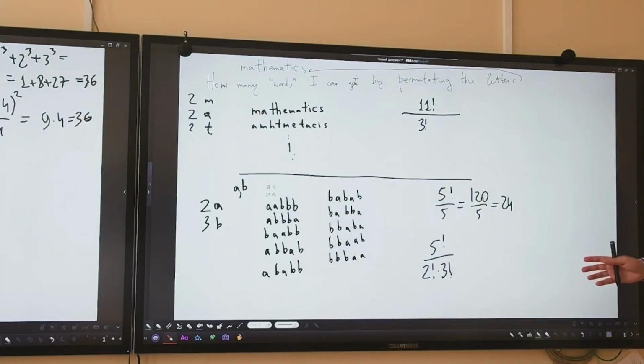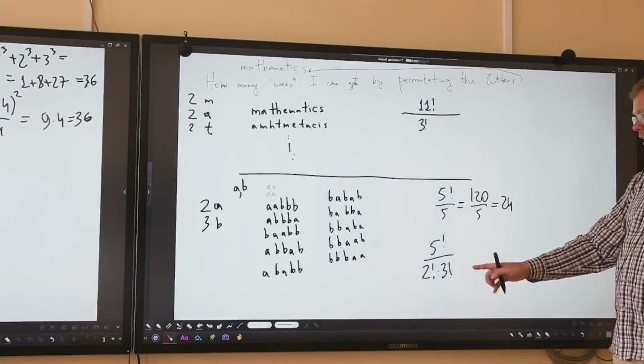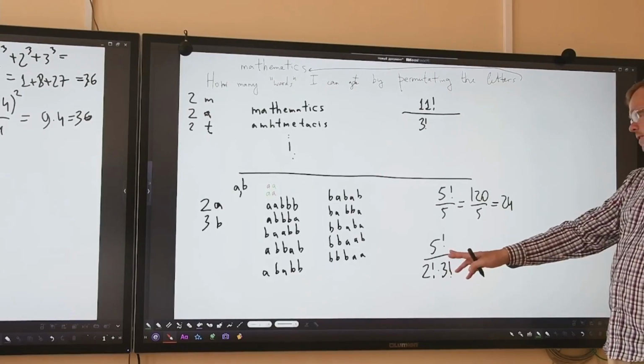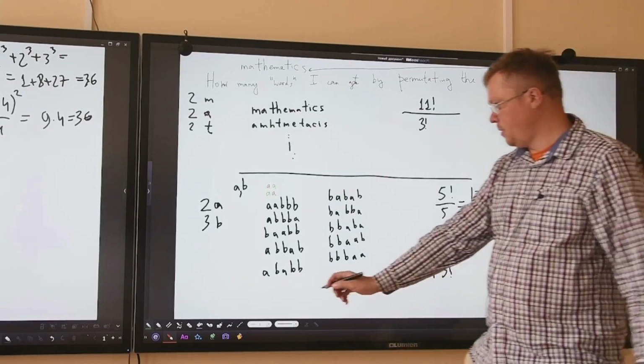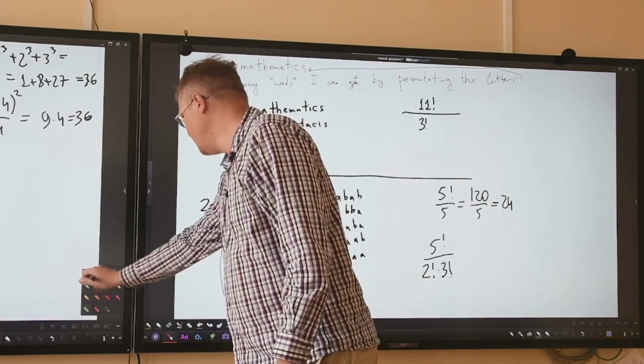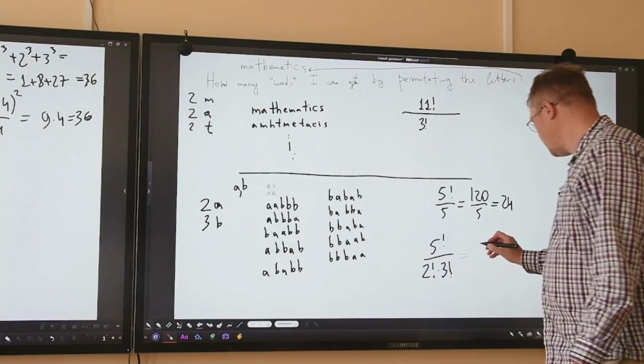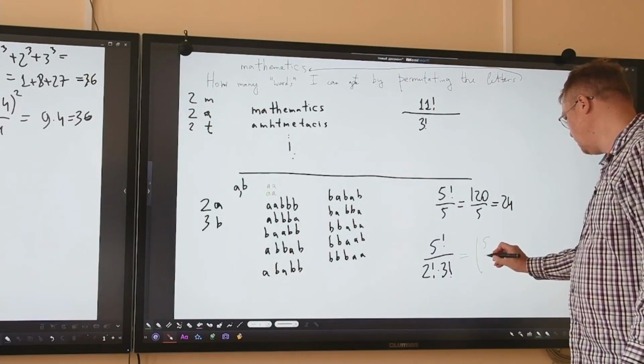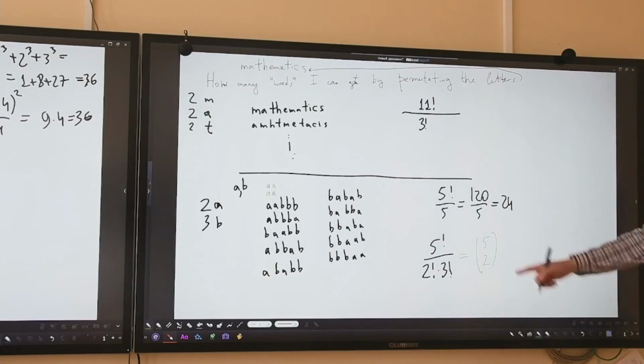And another way of saying this is just the binomial coefficient. If you look at this formula, it's just 5 choose 2.